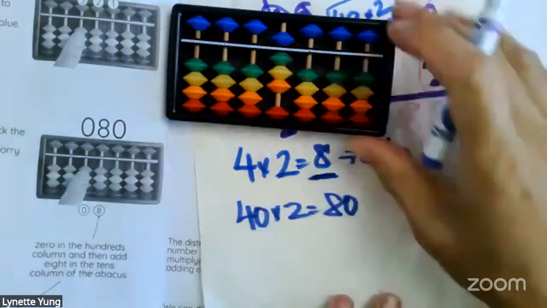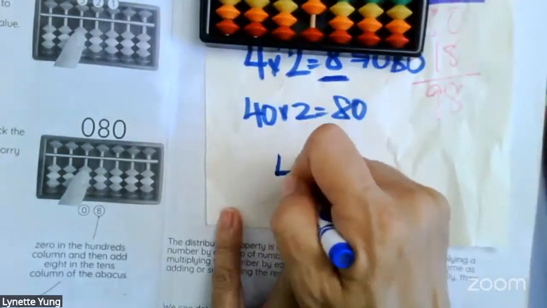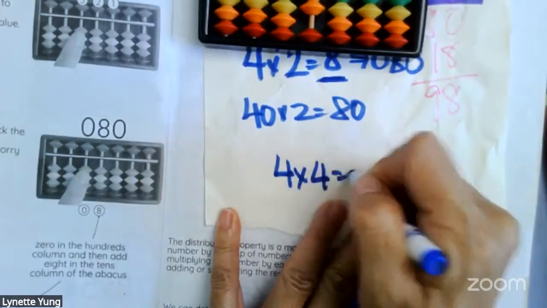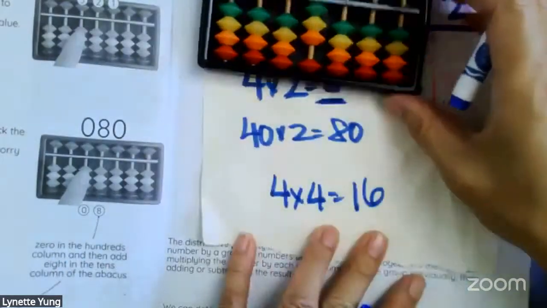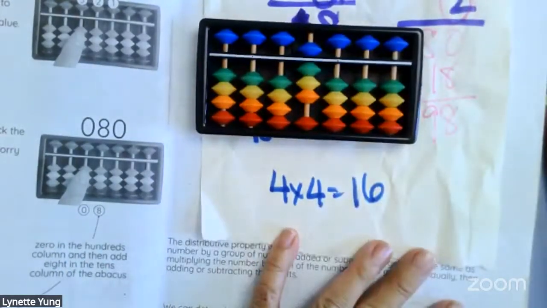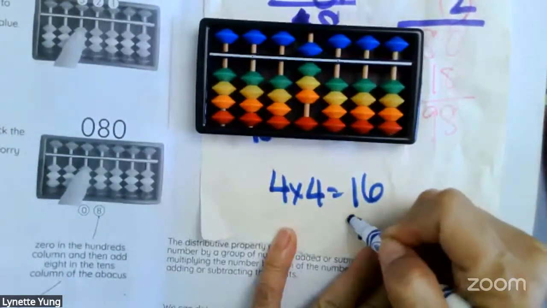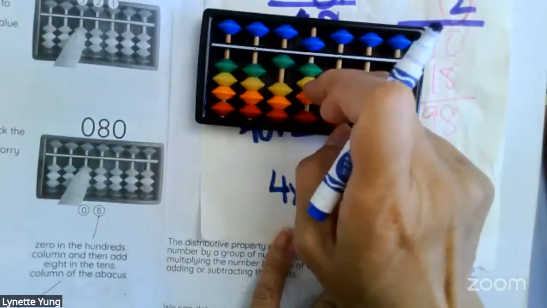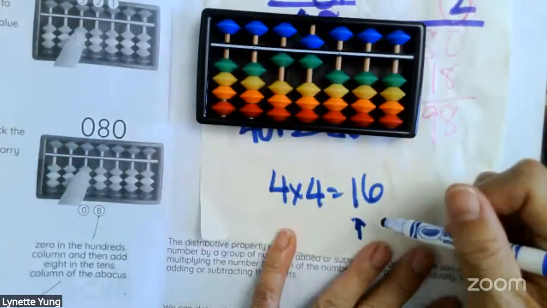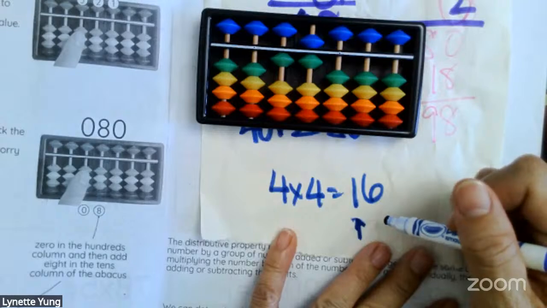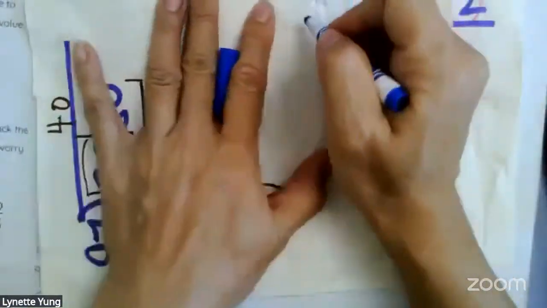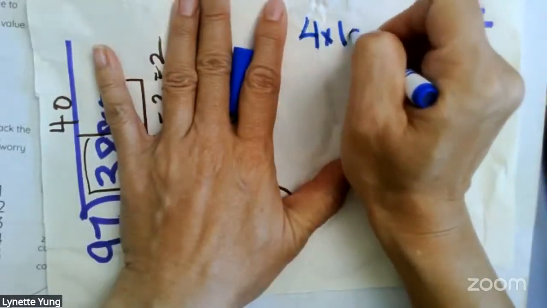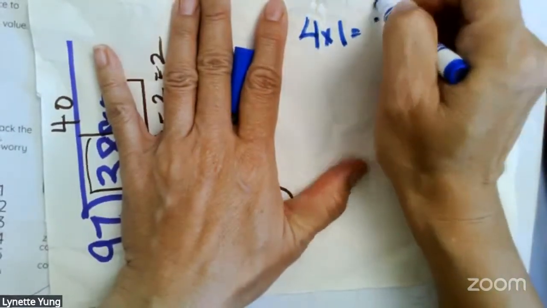Because let's take it one more step. Let's do 4 times 4. 4 times 4 is 16. If 4 times 4 is 16, what happens to this? It goes right here. 4 times 1 is equal to 4.